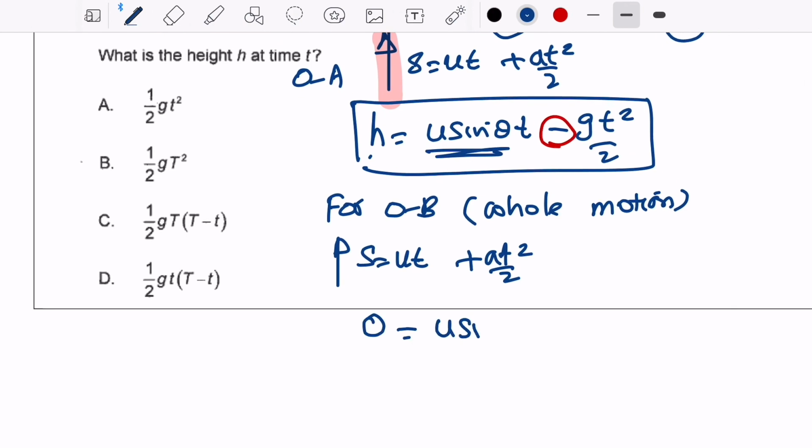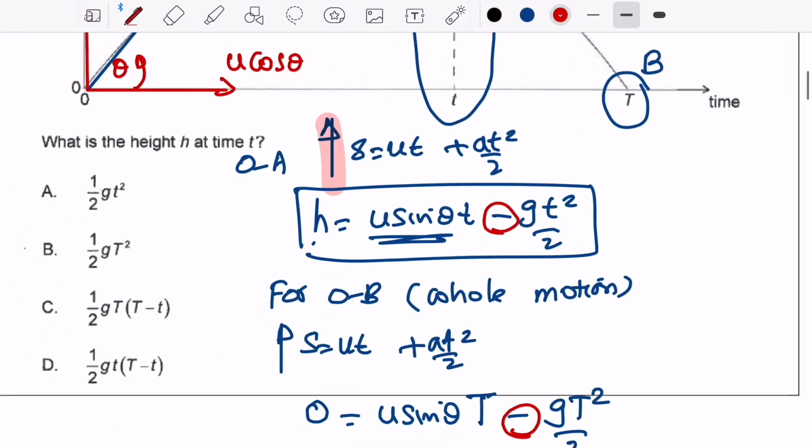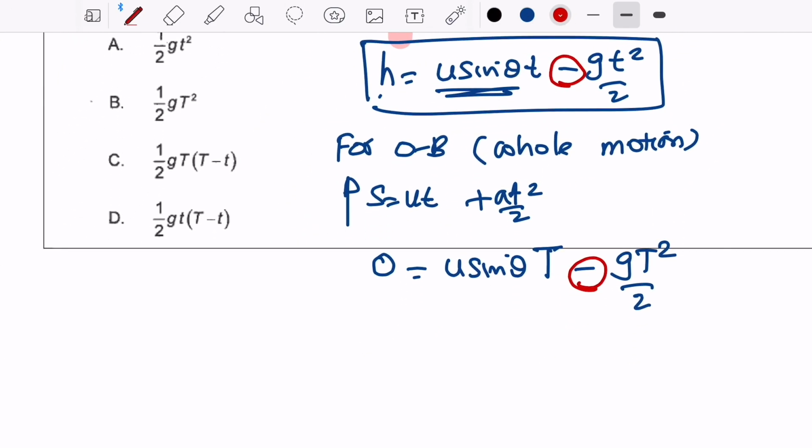So u sine theta, because we are talking about vertical motion, times total time capital T, minus half g T squared, because acceleration is down. Now I can write u sine theta in terms of g and capital T. So u sine theta equals g T over 2, because capital T cancels out.